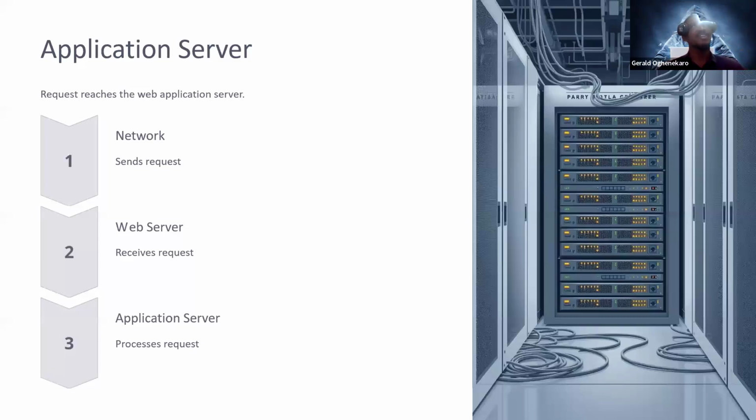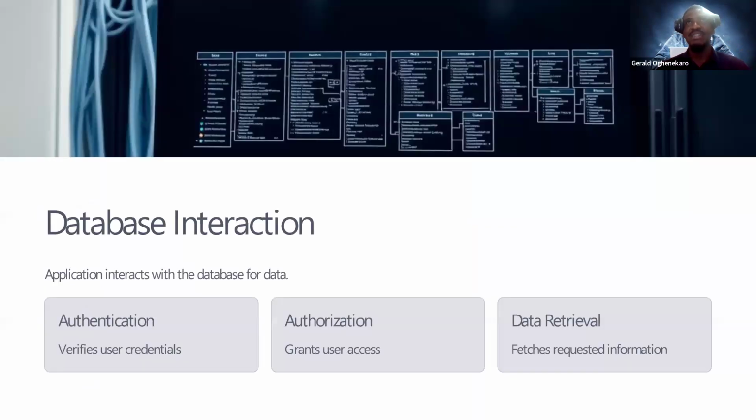So if it's an application that requires authentication, the database is going to check the credentials used for authenticating: are they valid? If they are valid, it goes ahead to issue you authorization in the form of an authorization token. Depending on how the application is configured, you might use an authorization token, let's say a JWT token. You might just use an access token.